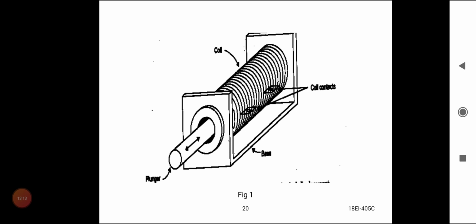So the plunger is used to open or close the valve. The plunger is connected to the valve to open or close the valve in a pipeline.